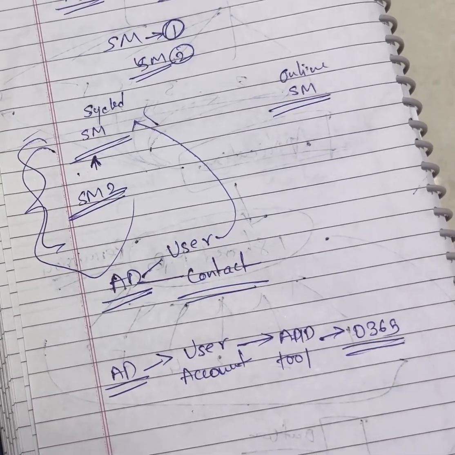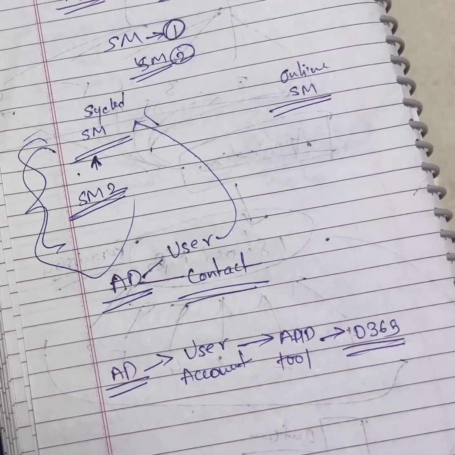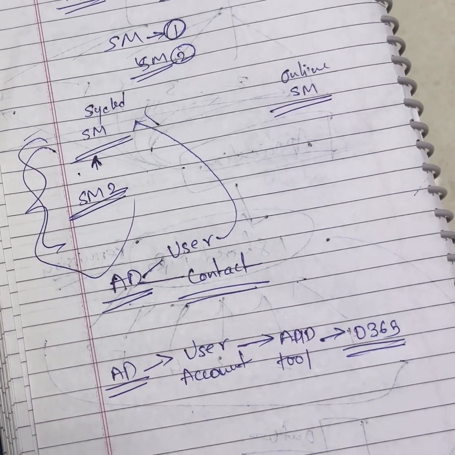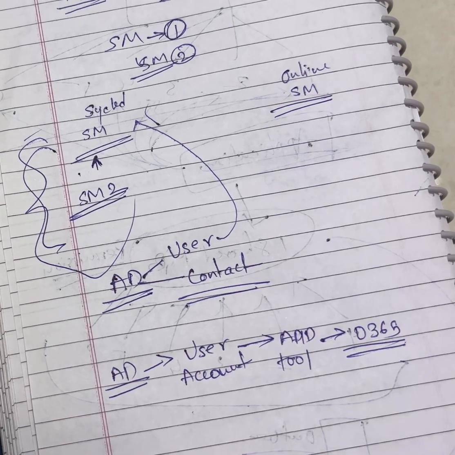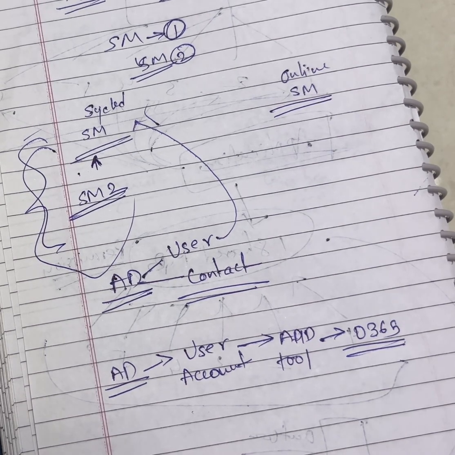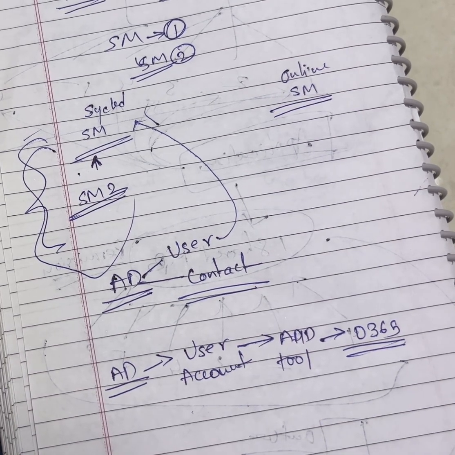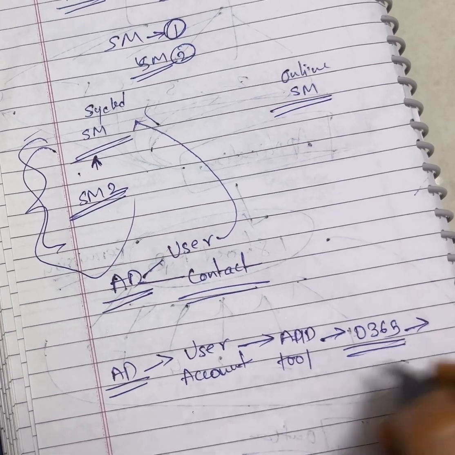Whatever account you create through AD, whether you create a room mailbox, a user mailbox, or a shared mailbox, in all three conditions, to provision a mailbox we need to give a license.